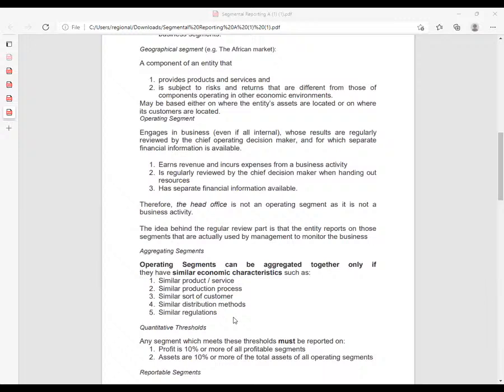We would rather lump those departments together and even call them by the name of those customers. We also have similar distribution methods. And similar what here? Regulations, similar regulations. Now listen to me very well.